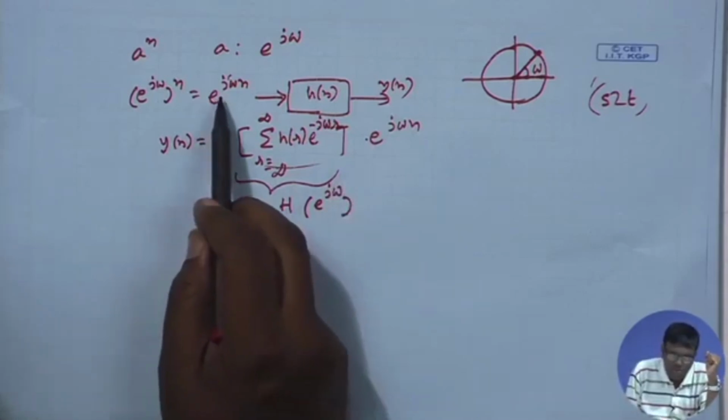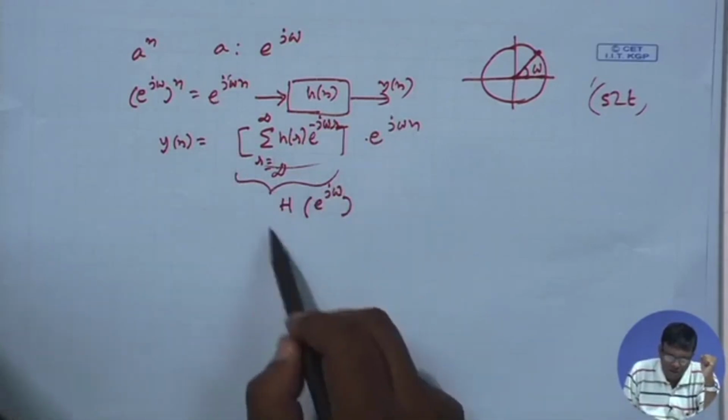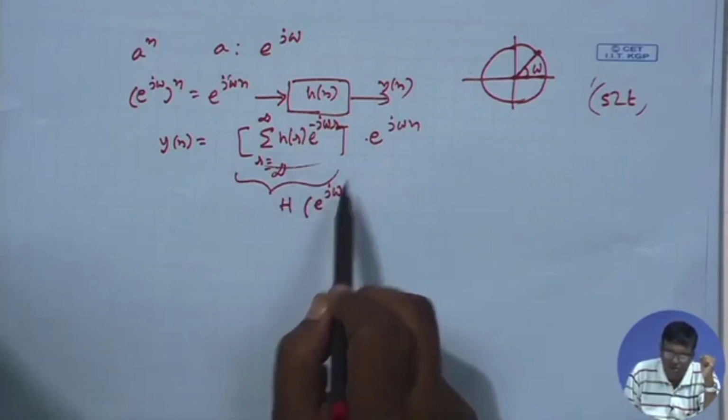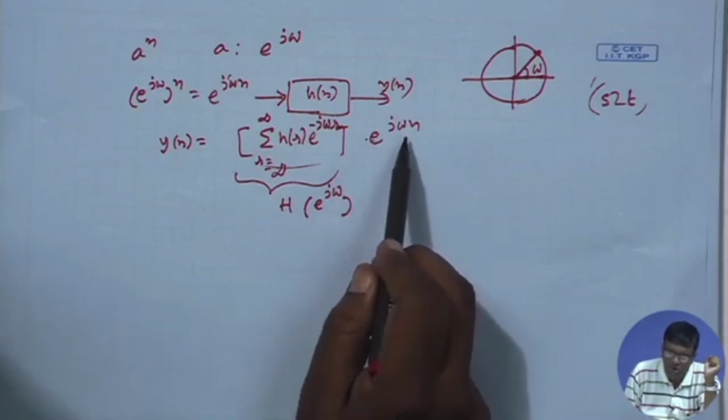I am giving e to the power j omega n, and the output I am getting is again that eigenvalue written in a different form using different symbols: capital H e to the power j omega into the same sequence e to the power j omega n.